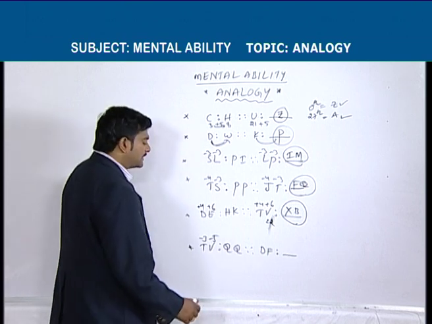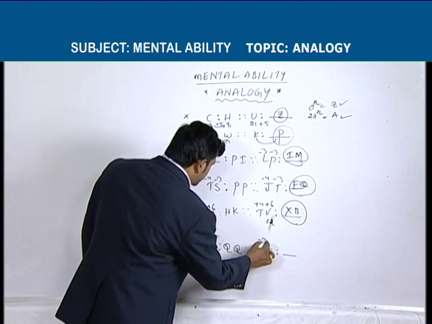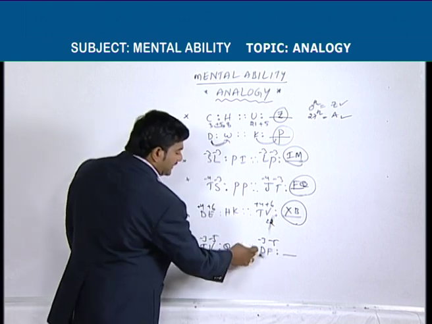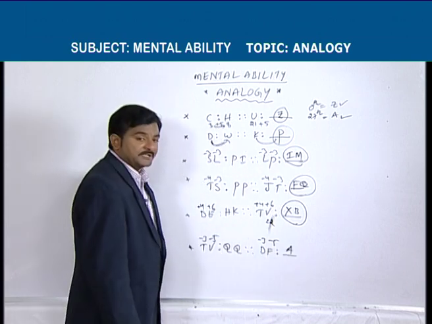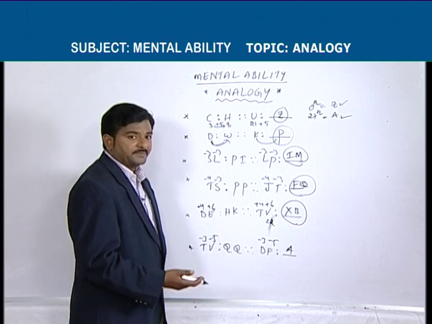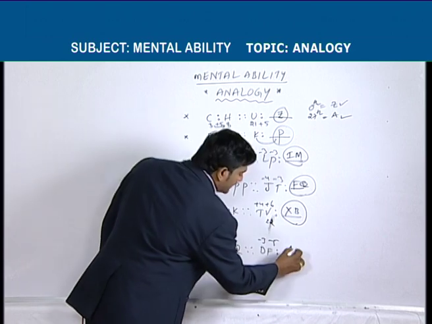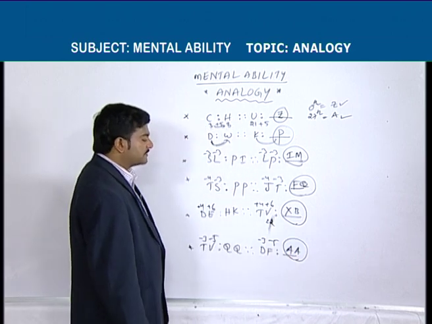Now apply the same concept here also. D means 4, 4 minus 3 is 1, and 1 means A. F means 6, 6 minus 5 is 1, again A. Okay, I hope you understood this concept.